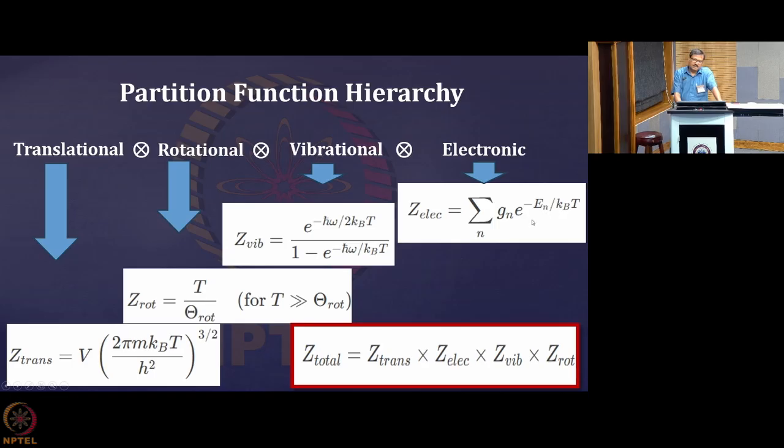And here, as I already told you in the regular classes, the major thing is to find all the energy levels appearing here. An atom or an ion can easily have a number of levels more than 400, 500.